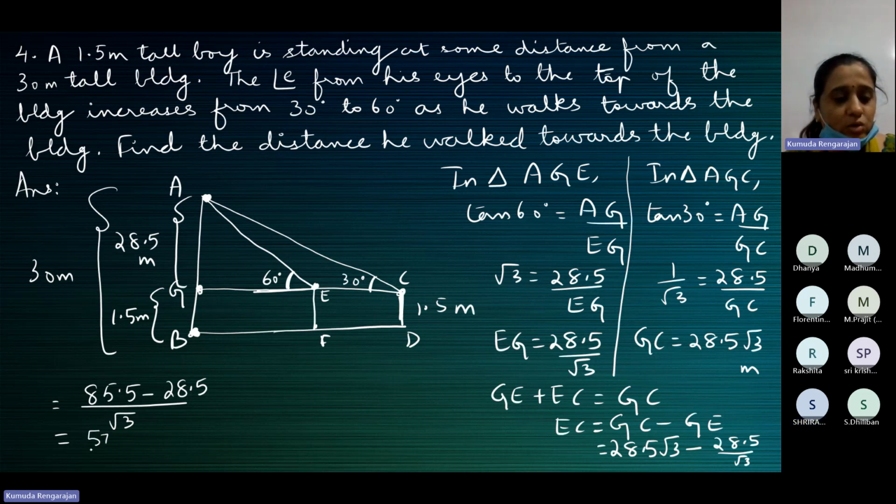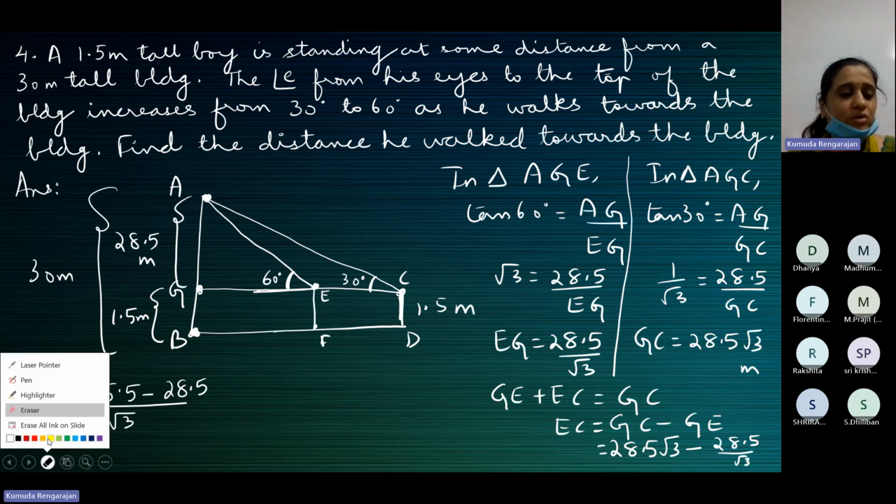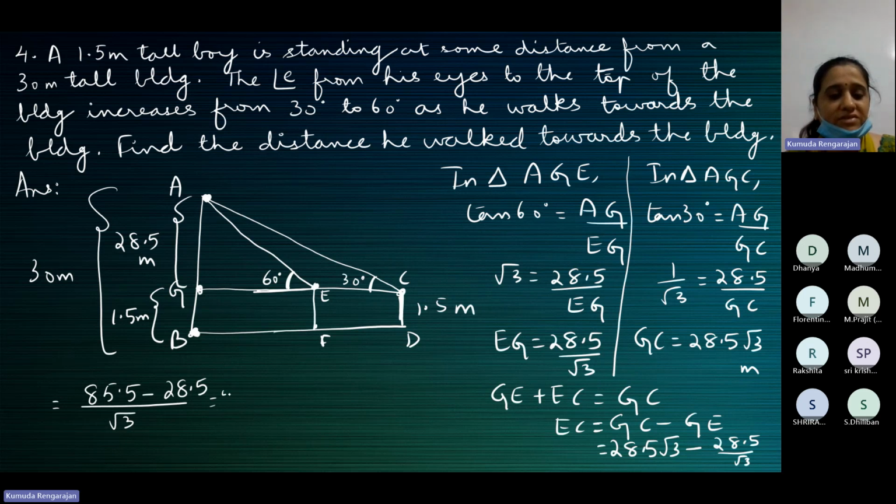So it's 57 by root 3. Then you rationalize it: 57 by root 3 into root 3 by root 3, which is 57 root 3 by 3. Very good.